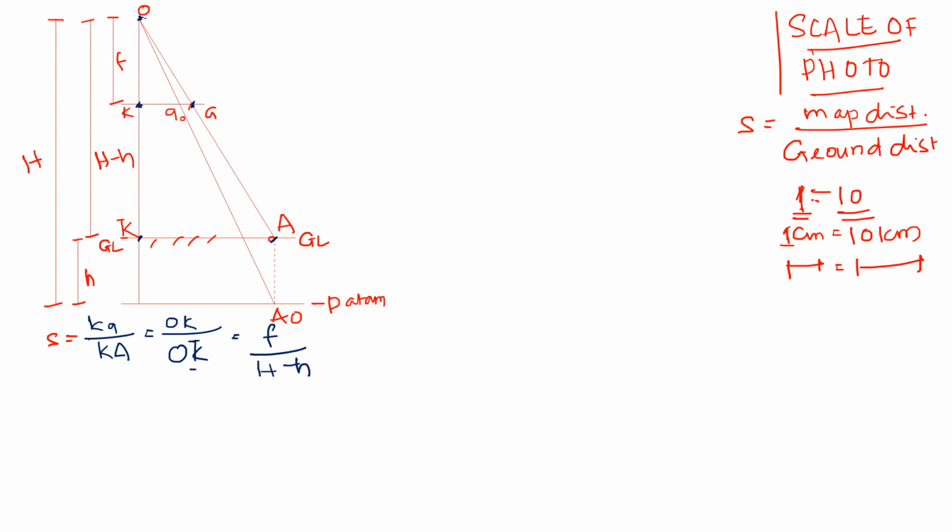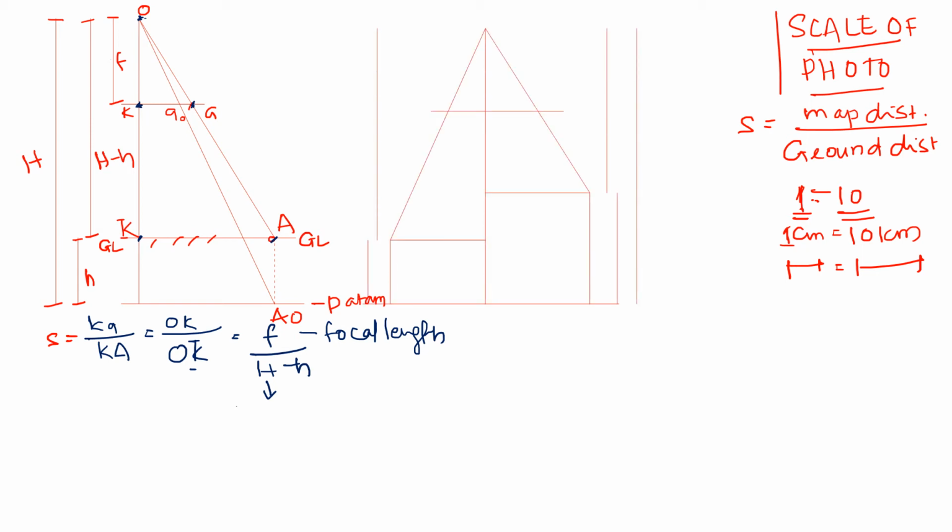Where f is nothing but the focal length, capital H is nothing but the flying height, and small h is nothing but the height of the object.